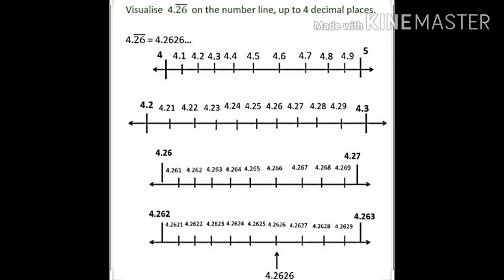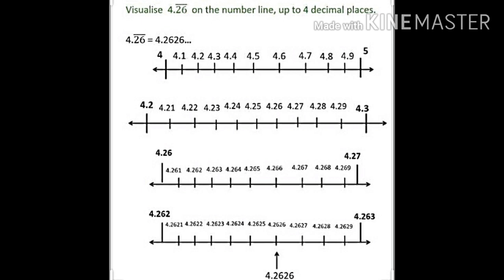4.262 lies between 4.26 and 4.27. Now we will magnify the portion which lies between 4.26 and 4.27. Divide the line into 10 equal parts. The first mark will represent 4.261, the second 4.262 and so on. The number 4.2626 lies between 4.262 and 4.263.